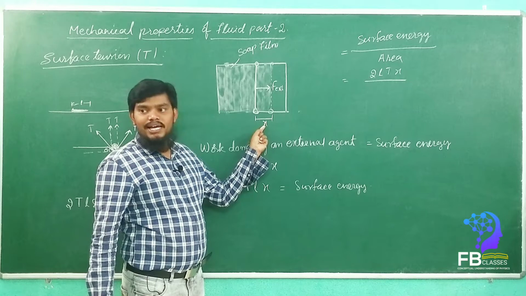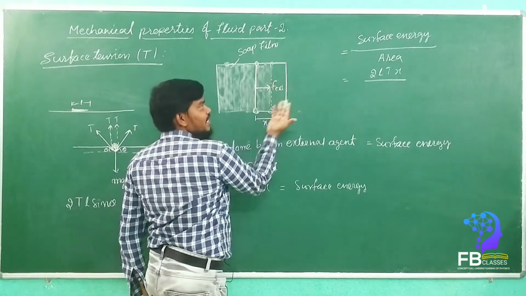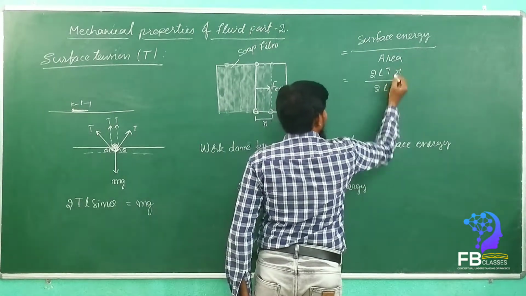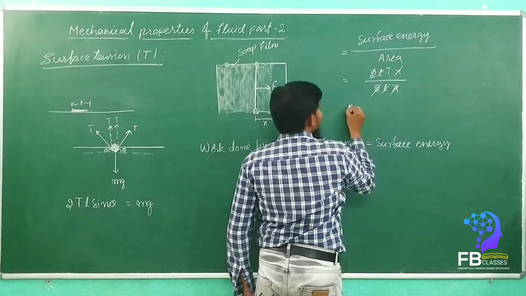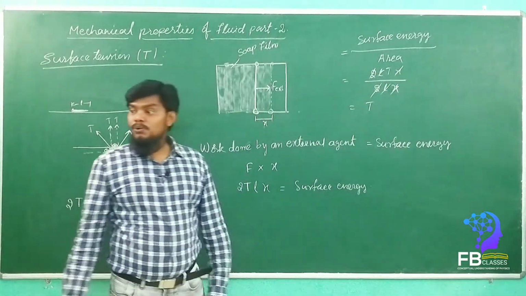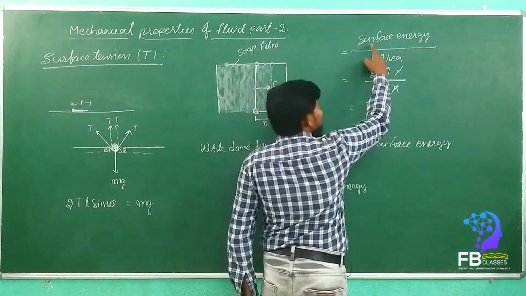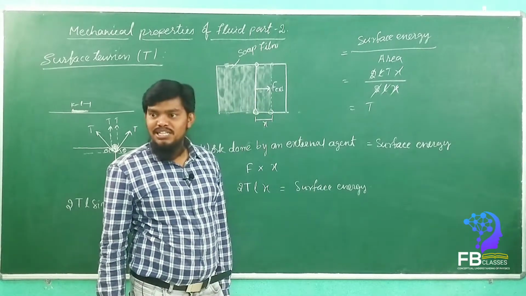L into x. Two surfaces, right? Front surface and back surface. That means 2L into x. See here, 2 gets cancelled, L gets cancelled, x gets cancelled. What comes? T. What is that? Surface tension. That means surface energy per area is equal to surface tension.